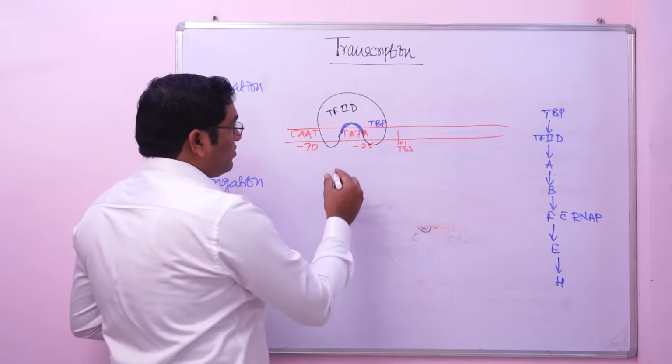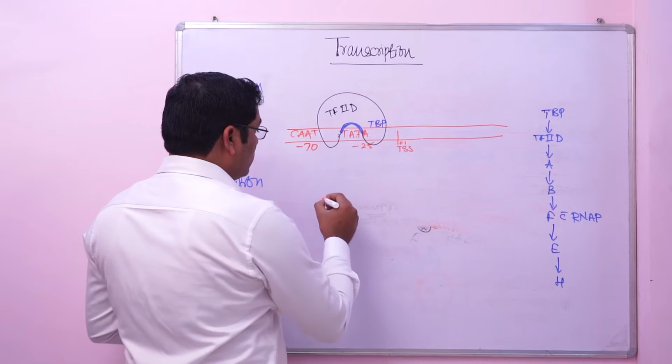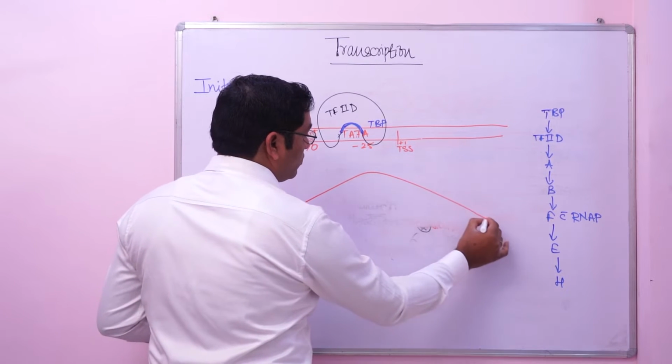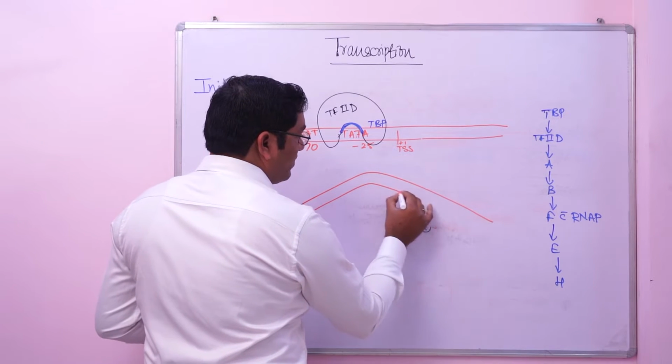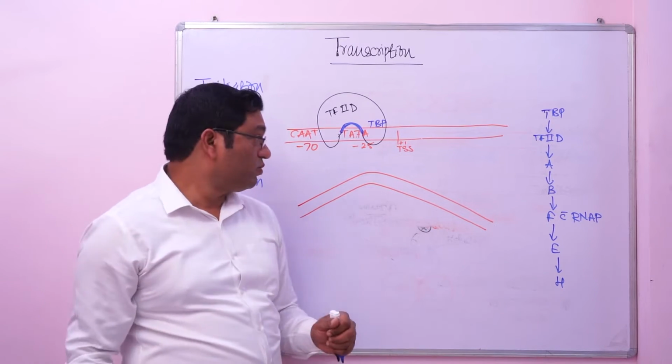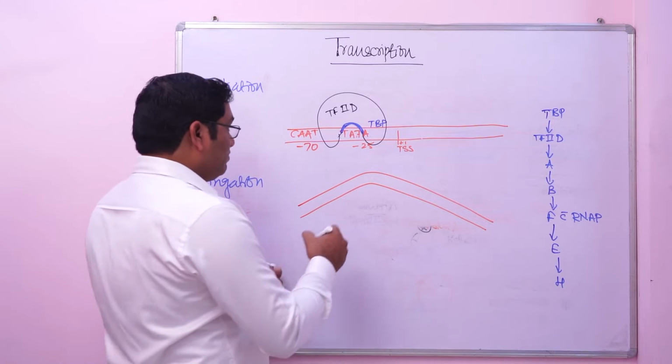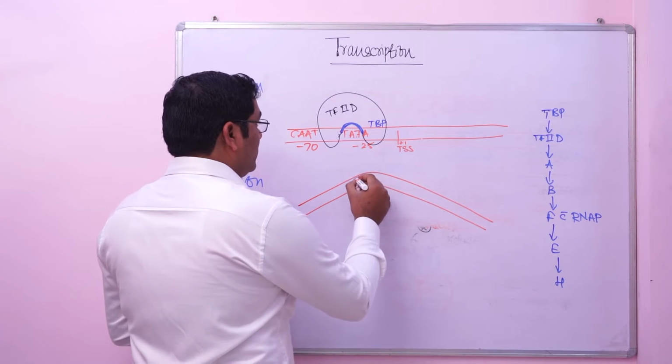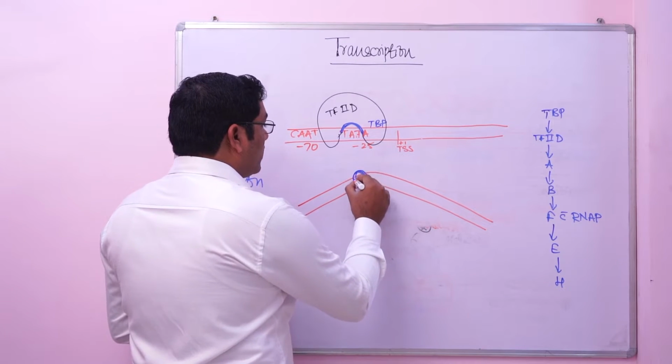After the attachment of transcription factor 2D, it causes bending of the DNA molecule, known as a -100 degree bending. Now after the bending, all these factors will work in a coordinated manner.